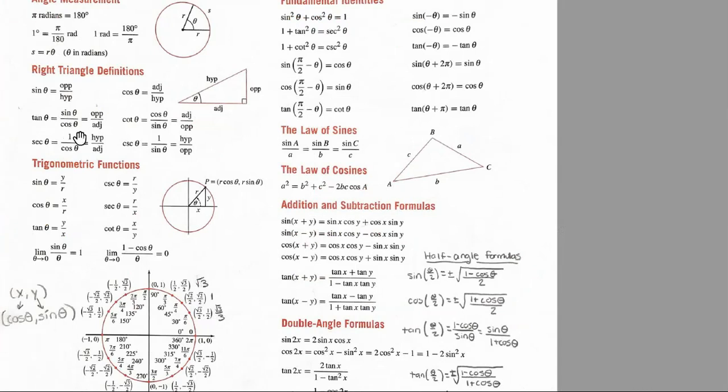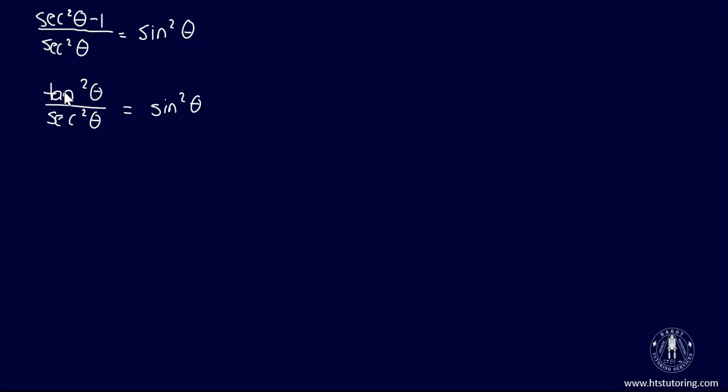So we can change this to sine squared theta over cosine squared theta equals, now secant is 1 over cosine, so 1 over cosine squared theta, and again equals sine squared theta, eventually, once we finally simplify this down.